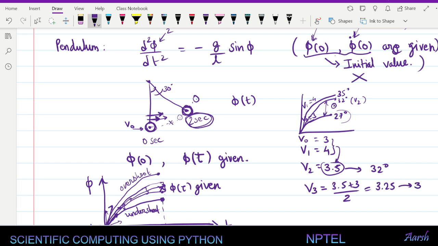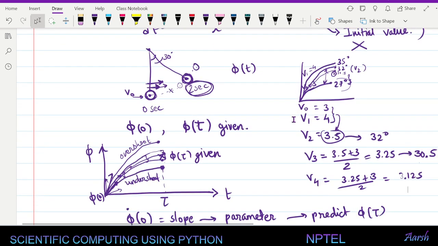Maybe you get 30.5. So that means v4 will be... you again overshot a little bit, right? So you got 30.5, you wanted 30, so again take the average with 3, so 3.25 plus 3 by 2, this will be 3.125.